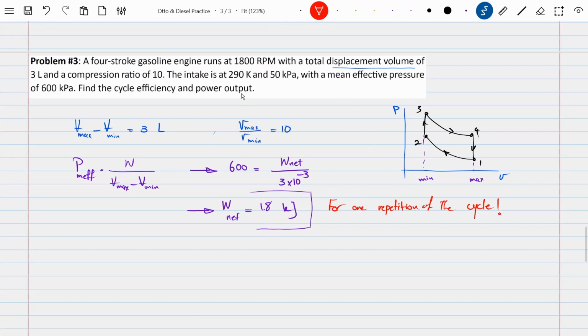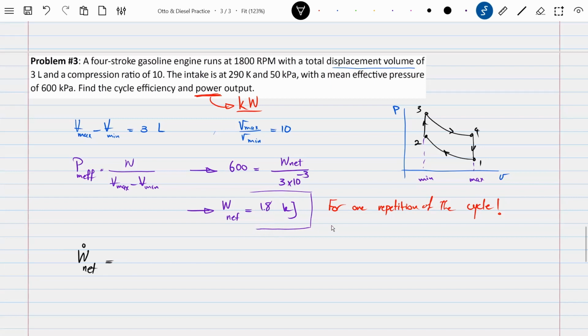The problem is actually asking for power output, not work output. The unit here is kilojoules. We are looking for power output. Power has a unit of kilowatts. To find power, we need to know how much work is generated per second in this cycle. Now, how do we do that? I can say that, hey, 1 cycle generates 1.8 kilojoules.